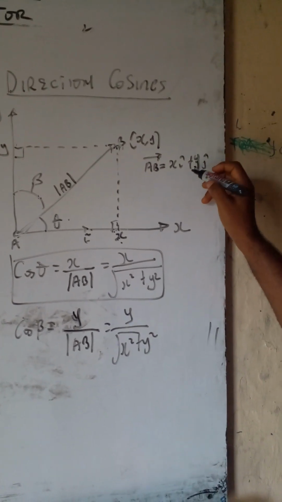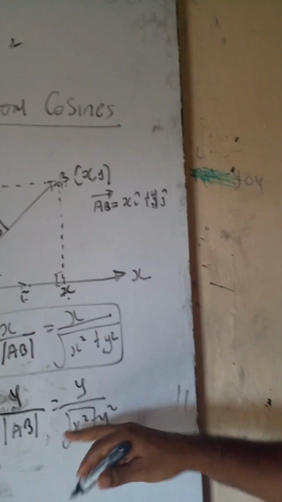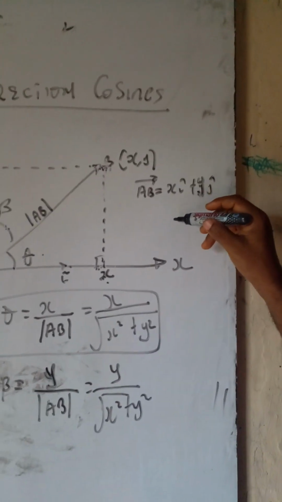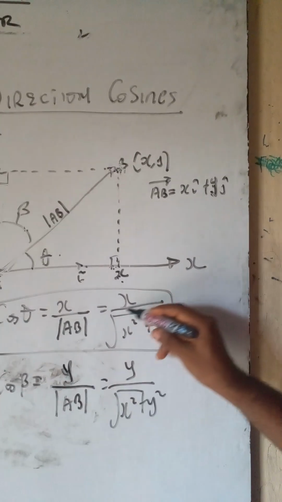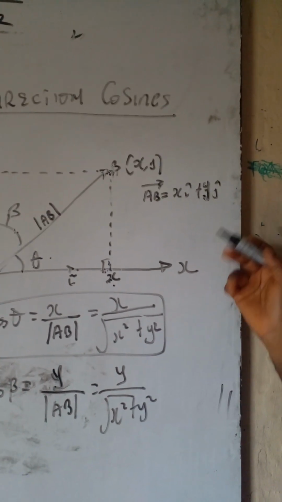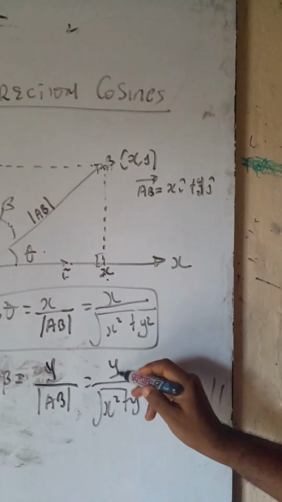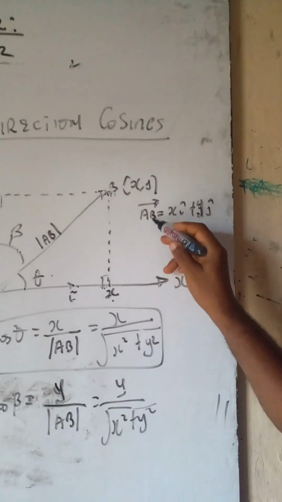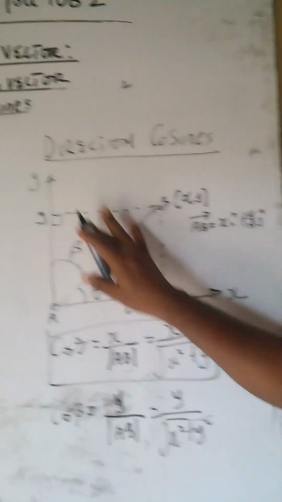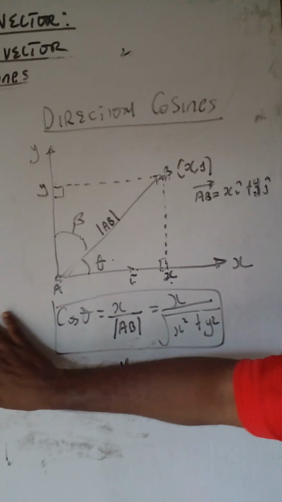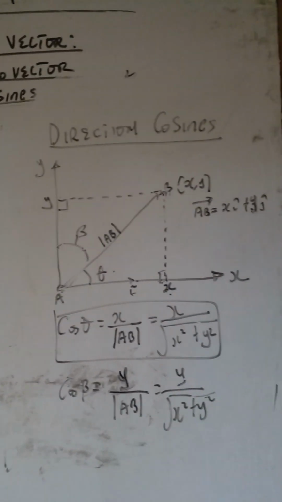So you can see that when you want to write the direction cosines, it's just taking x divided by the magnitude of this vector, and also taking y divided by the magnitude of the same vector. So this is the idea of a direction cosine of a vector.